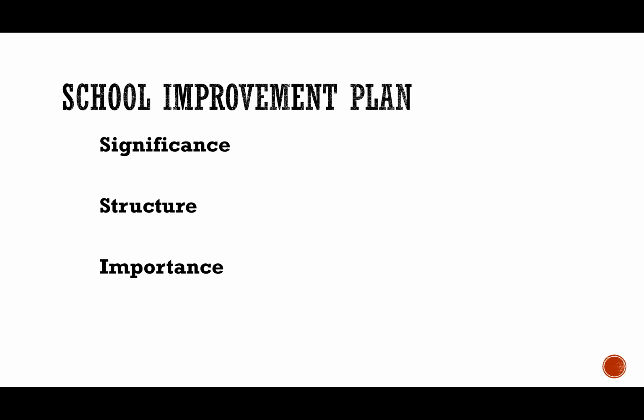The fourth point, which is the implementation of the plan. How will the plan be communicated with the different stakeholders? Starting with teachers, going to the parents, administration, everyone should be on the same page.